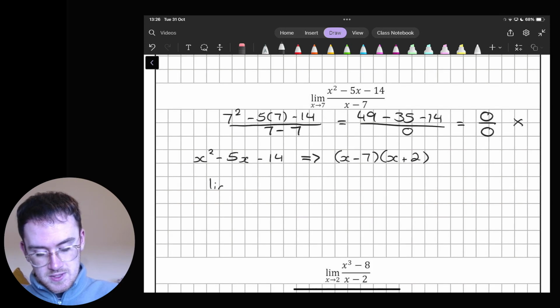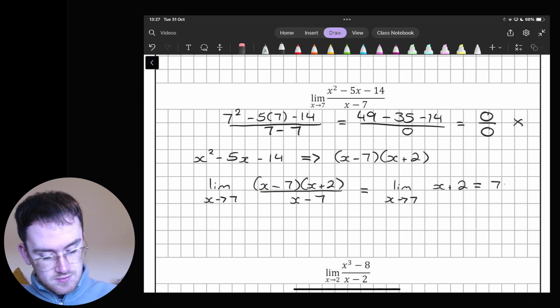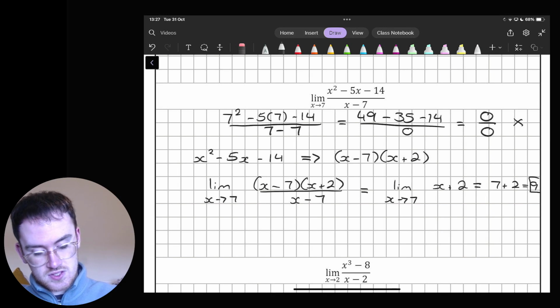To simplify my question now, it's the limit as x goes to 7 of x minus 7, x plus 2 all over x minus 7, which is just going to give me the limit as x goes to 7 of x plus 2, which is 7 plus 2, which is of course 9.